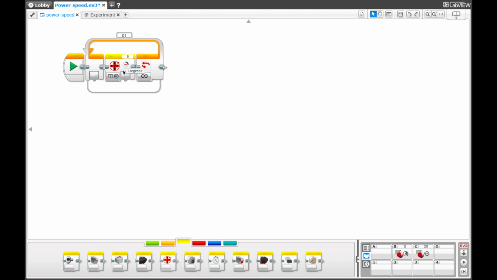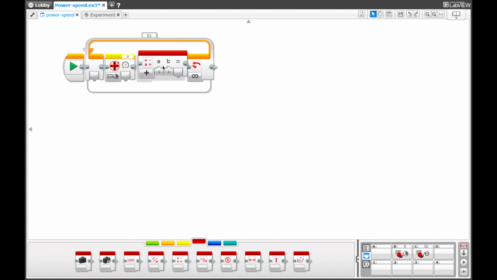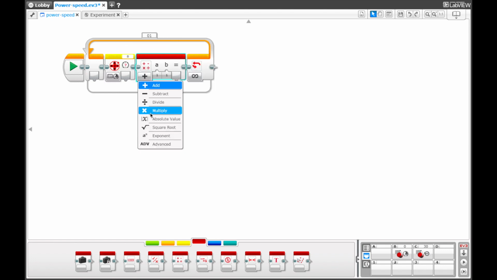Since the motor power here is in LEGO style power, but it's actually speed divided by 10, we will do some calculations. If we multiply it by 10 we will have degrees per second.